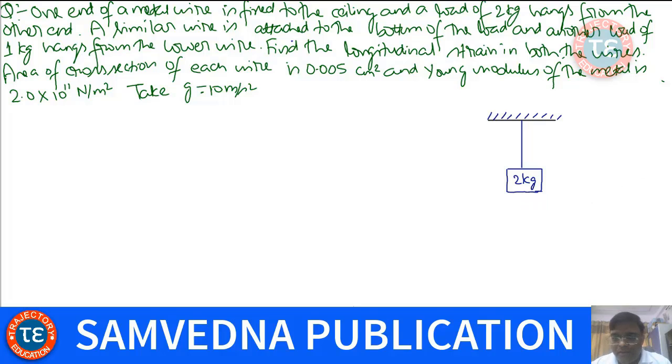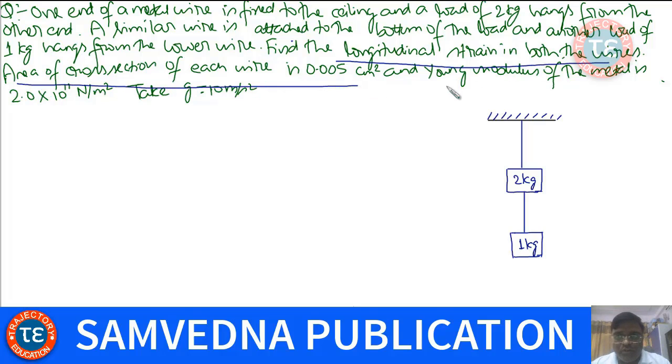A similar wire is attached to the bottom of the load, and another load of 1 kg hangs from the lower wire.